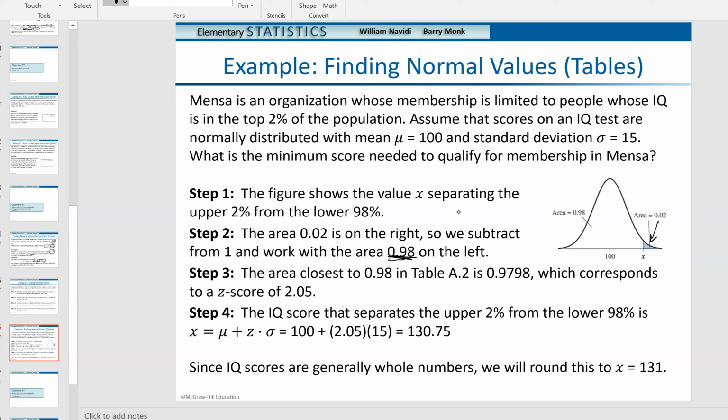The area closest to 0.98 from table A2 is 0.9798. Where they're getting that is they are looking at the table backwards. They're looking up 0.9800 in the middle of the chart.